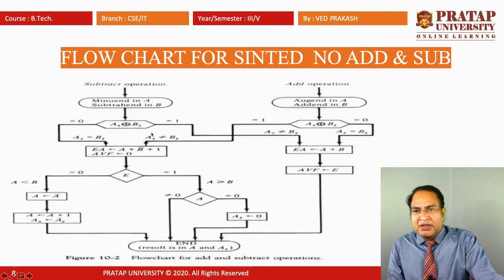If the output of this XOR gate is 0, we can say that the sign bits of both registers are the same, that is, AS equals BS. In this case we perform the subtraction operation, using the 2's complement of the subtrahend and adding it to the minuend.